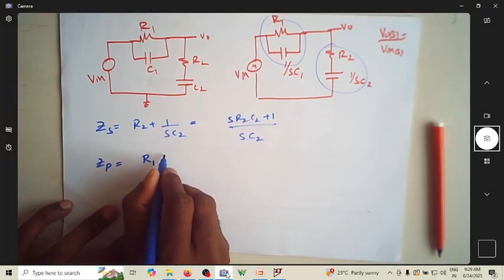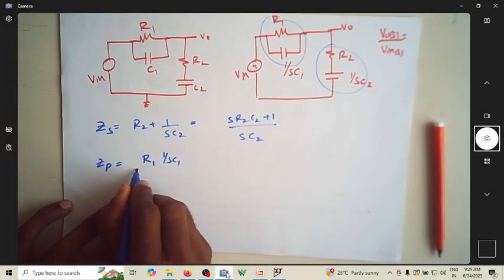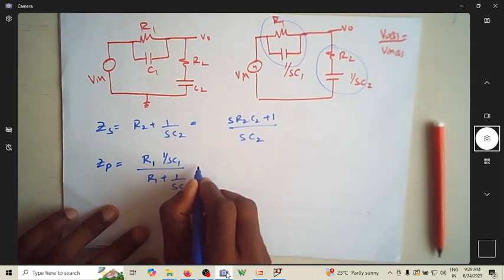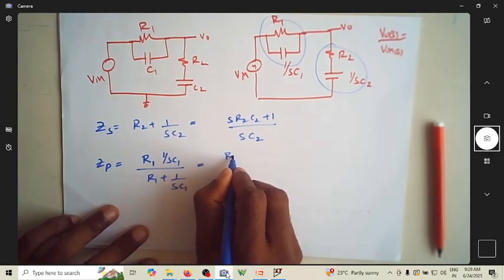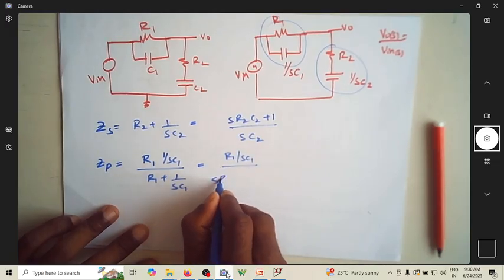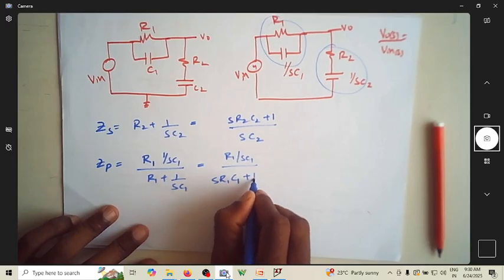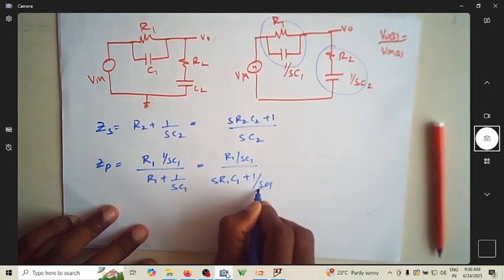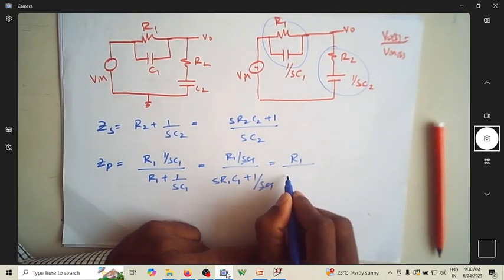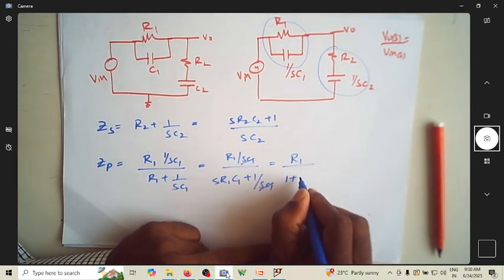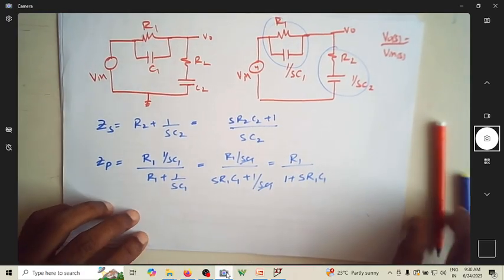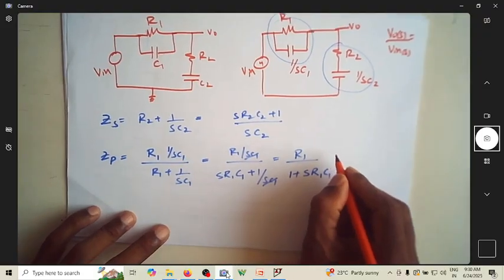So this into 1 over S C1 by R1 plus 1 over S C1. So this happens to be R1 by S C1 by S R1 C1 plus 1 divided by S C1. So this will go with this. So this will become R1 by 1 plus S R1 C1. So this happens to be ZP.